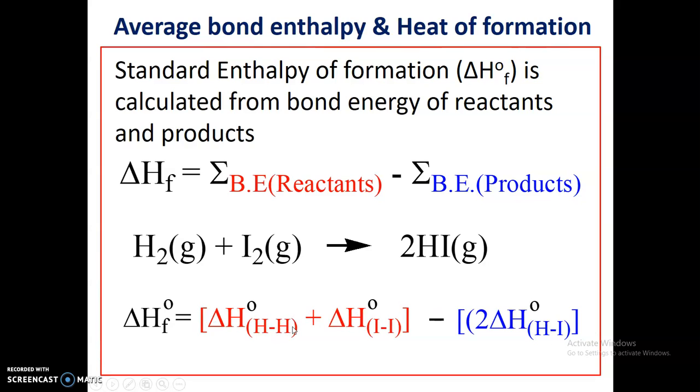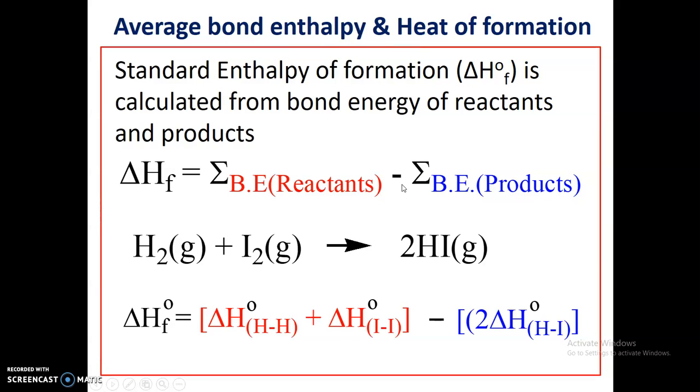So here this first term is the sum of bond enthalpies of reactants, and this second term, or right side term, is the sum of bond enthalpies of products, and therefore the heat of formation of a reaction is equal to the sum of bond enthalpies of reactants minus the sum of bond enthalpies of products.